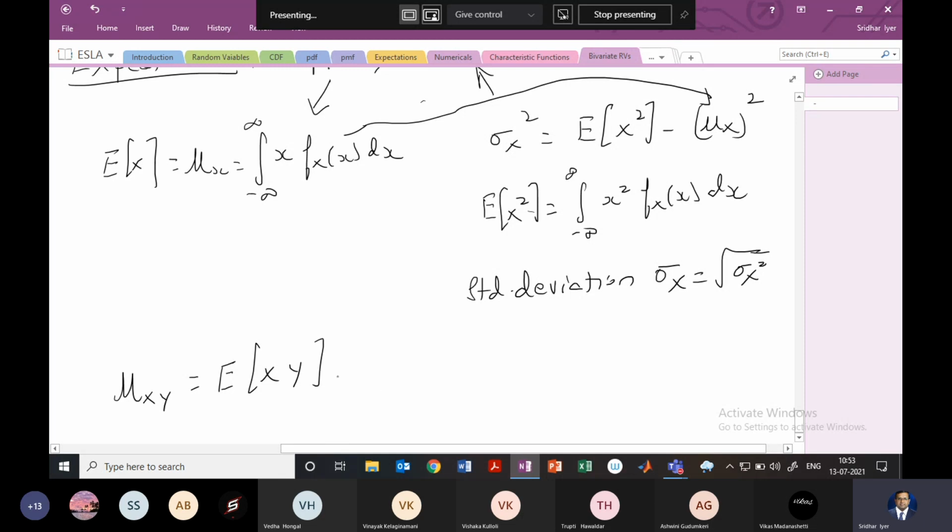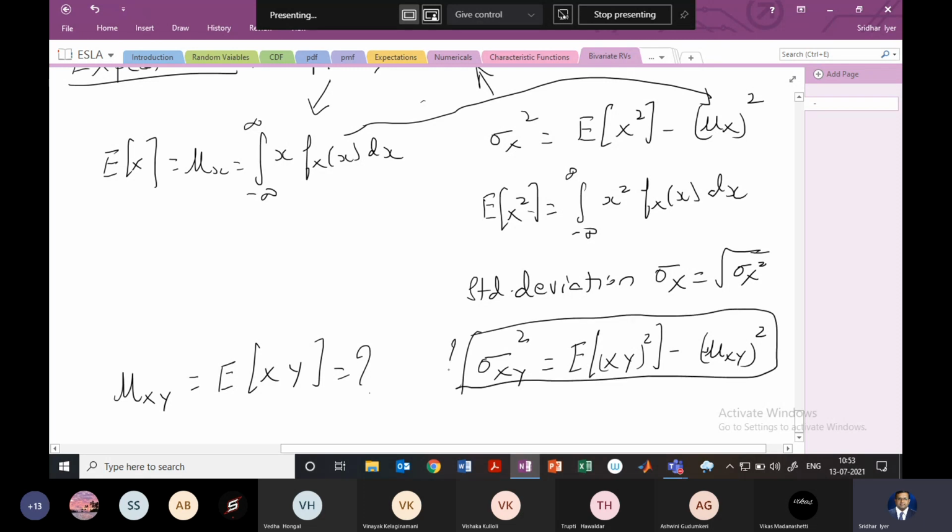We are also interested in finding sigma xy square, which as an extension would be e of xy square minus mu xy the whole square. Is that true or not? Whether this is applicable or not, we do not know, so we'll have to find it, and then we'll proceed with the numericals to find these expectations.